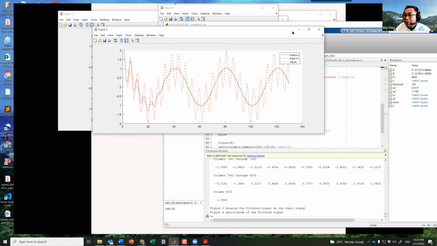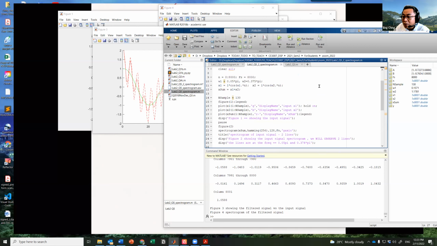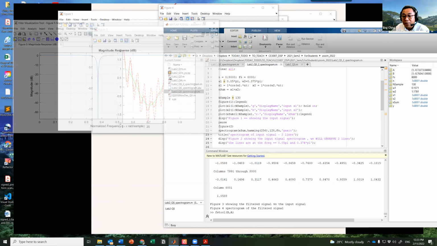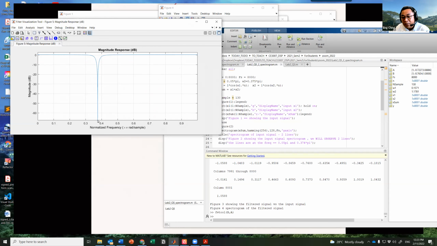Now I'm going to ask you this question. I now know that my filter creates what do you call that? A null and stop exactly at 0.375 frequency.